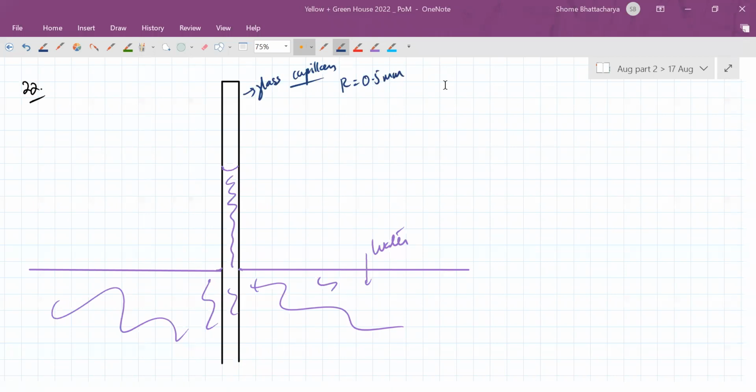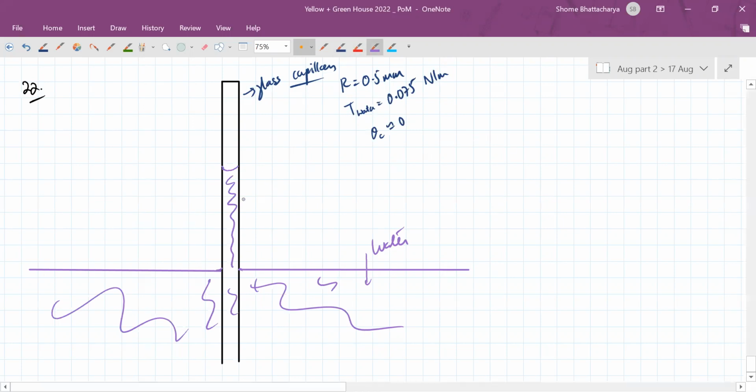And surface tension of water is given to us to be 0.075 Newton per meter. Okay, and contact angle, we'll take the standard value.